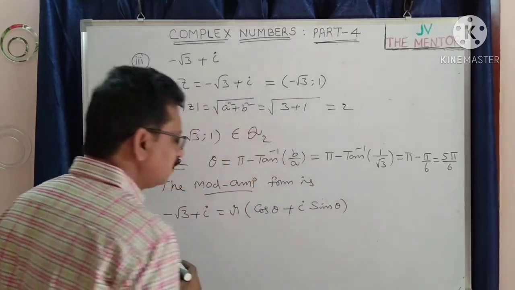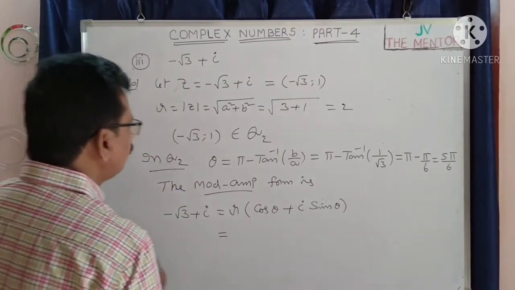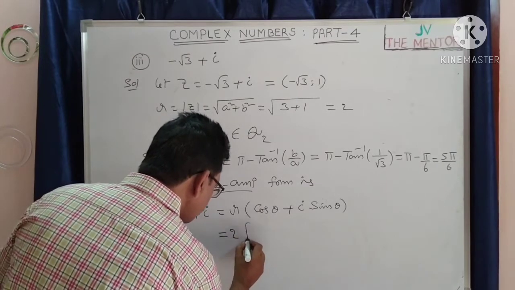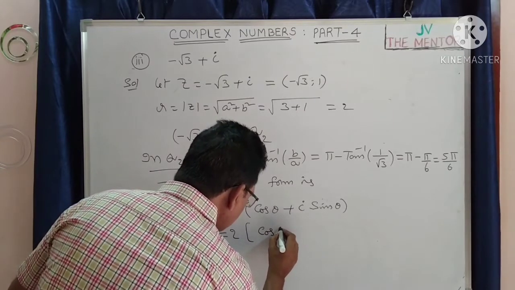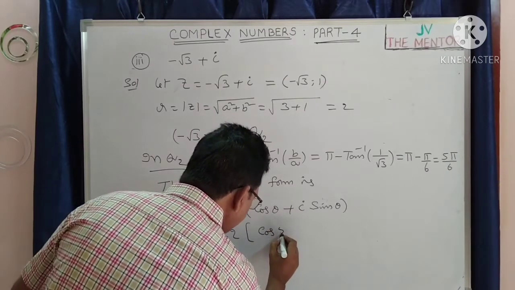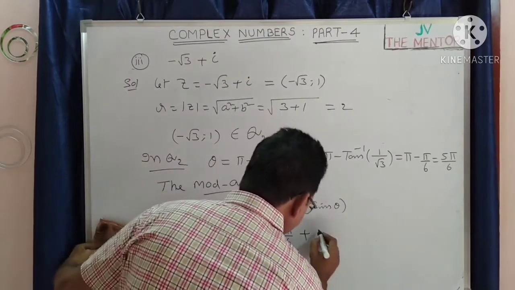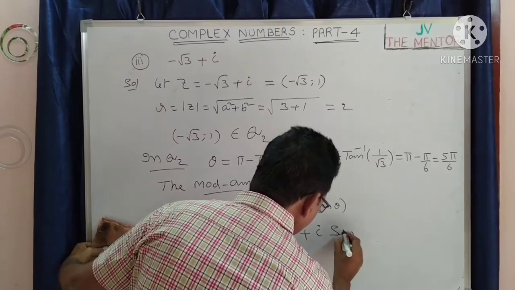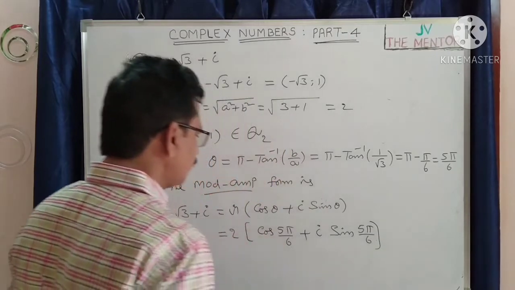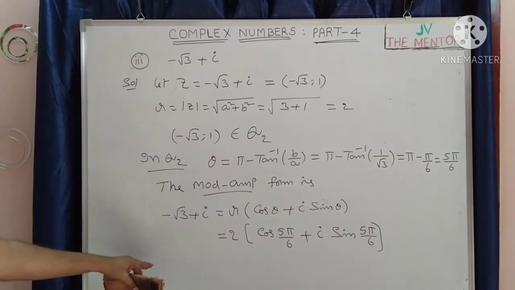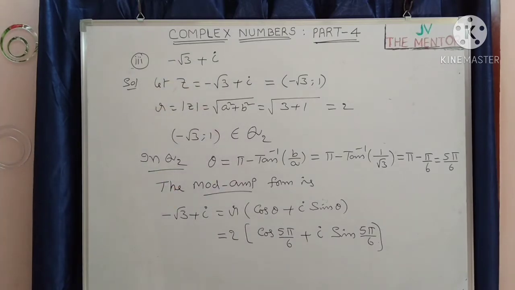Now substitute the values of r and theta. Here what is the value of r? 2 into cos 5 pi by 6 plus I sin 5 pi by 6. This is the modulus amplitude form of the given complex number minus root 3 plus I. Write down.